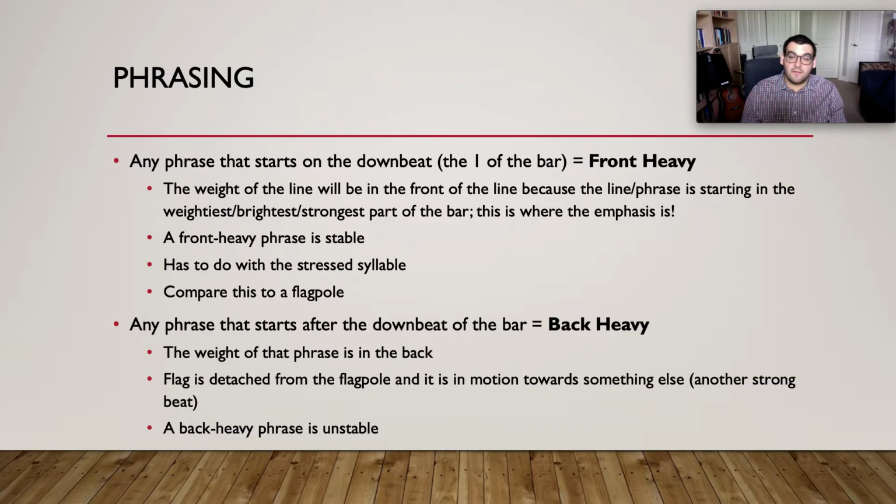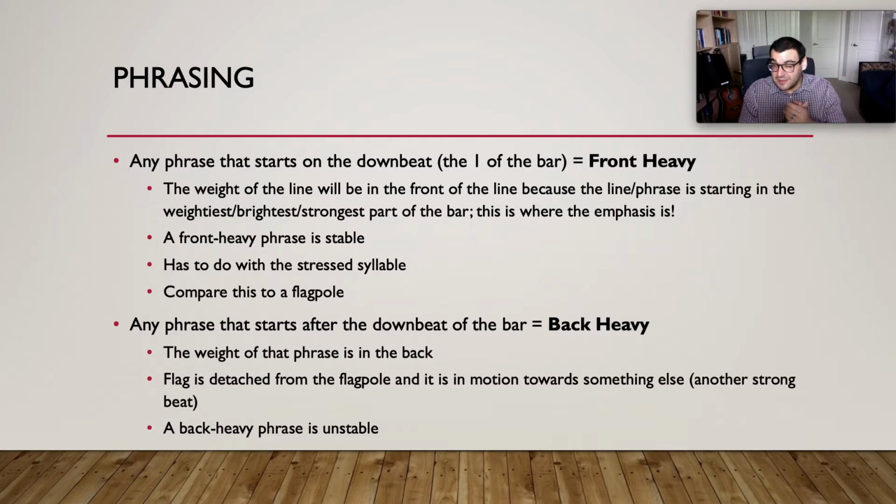Okay. For back heavy phrases, the weight is shifted to the back end of the bar. Because the phrase doesn't start on the downbeat, everything shifts over, and the weight topples the phrase to being back heavy. Typically phrases don't start on that strong beat.